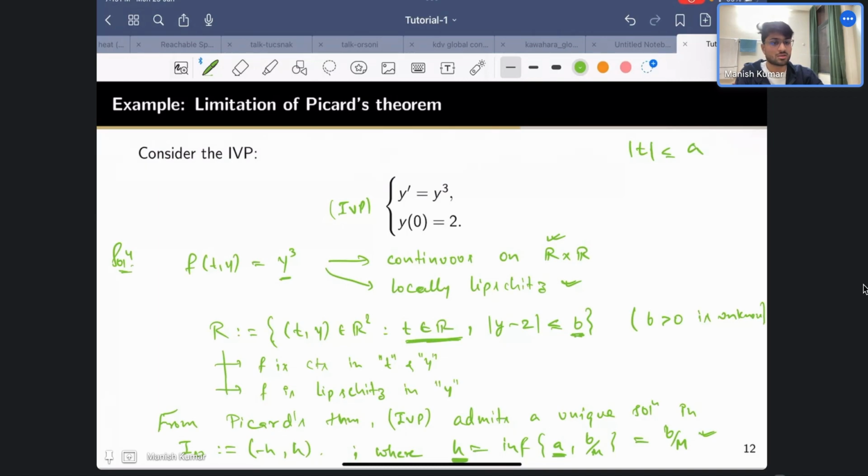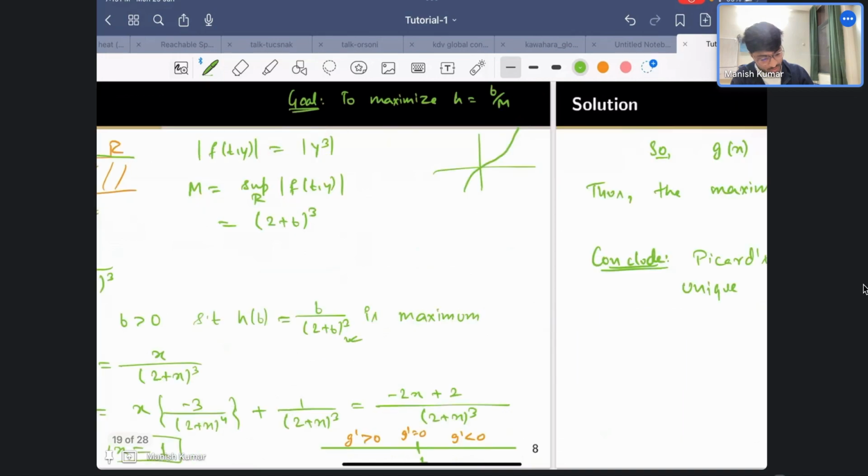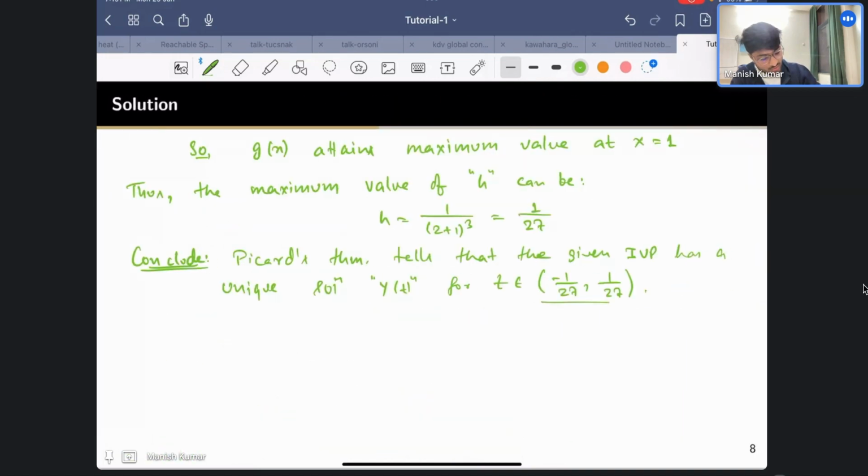It will just say that in a neighborhood of t naught the solution exists and is unique, but that will not be the maximum interval. If you use the hypothesis of Peano's theorem also, you'll get the same value of h, because h was defined in a similar manner in both theorems. So you'll get the same interval, but the question is, is this the maximum interval?